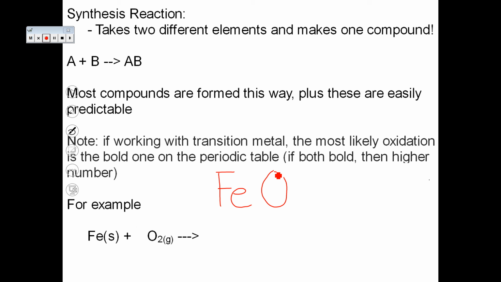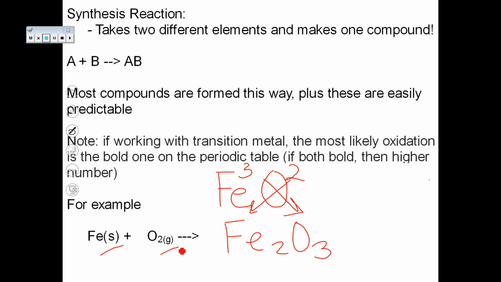You go to iron, and you notice that iron has 2 numbers above it. One of those numbers is bold, and that bold number is 3. So you're going to put a 3 for iron's oxidation number. Oxygen's oxidation number is going to be 2, and so when you drop and swap this, your formula will be Fe2O3.